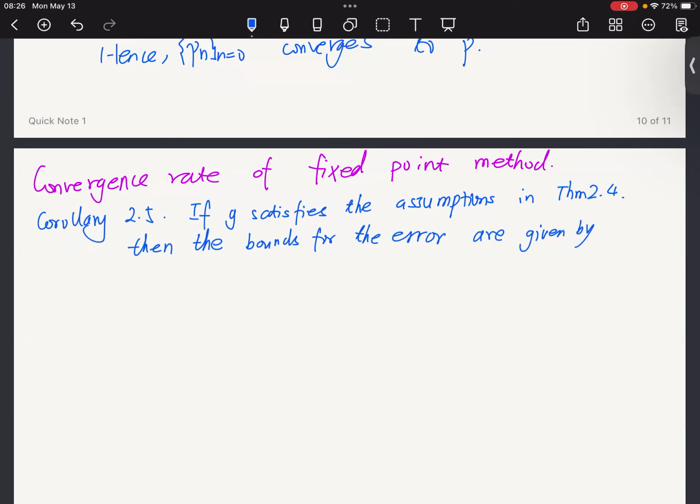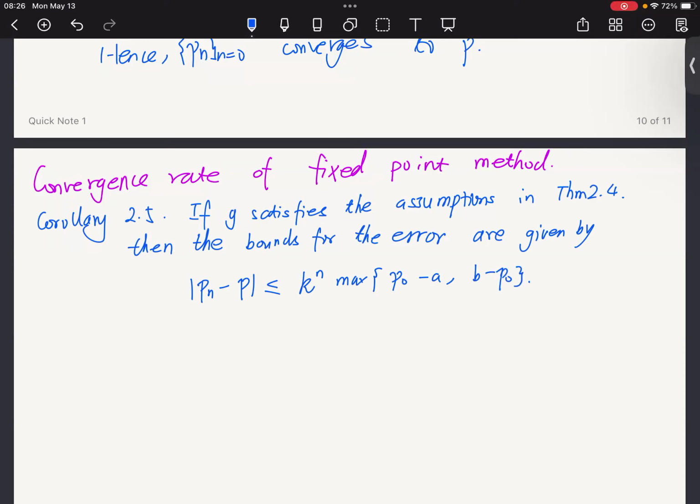So this is the bounds for the error, and this is the error, Pn minus P. Pn is the approximation, P is the true solution, and it's smaller than or equal to k to the power of n, and then taking the maximum of P0 minus A, and B minus P0.